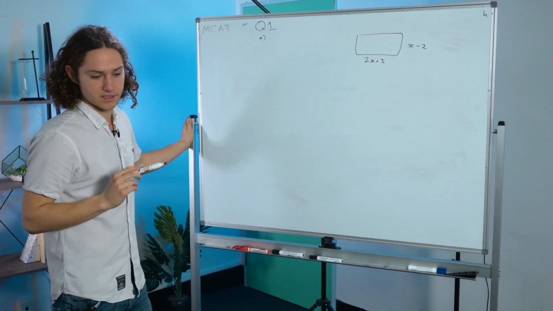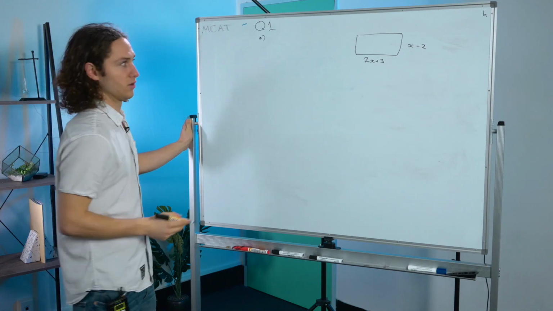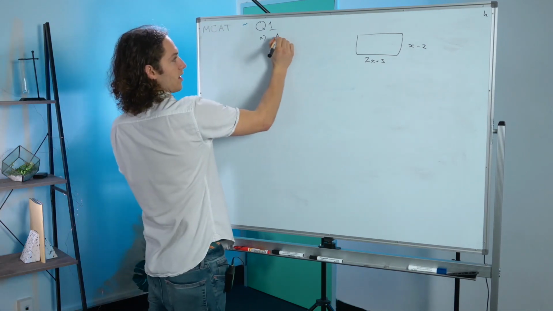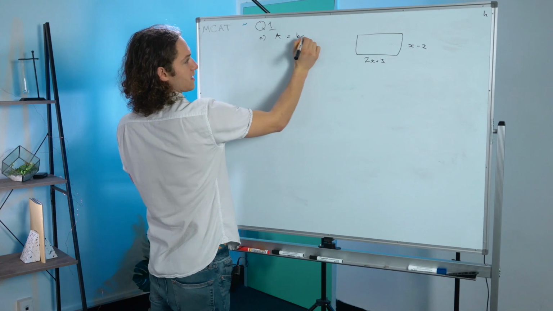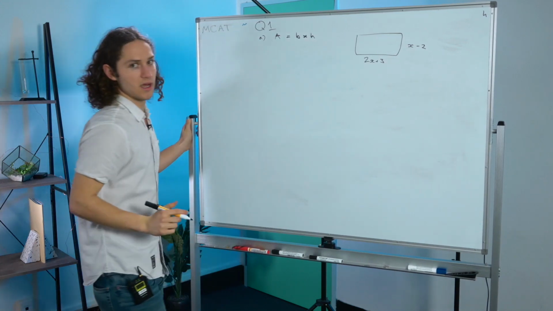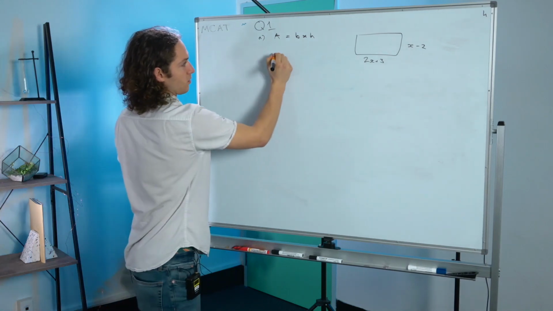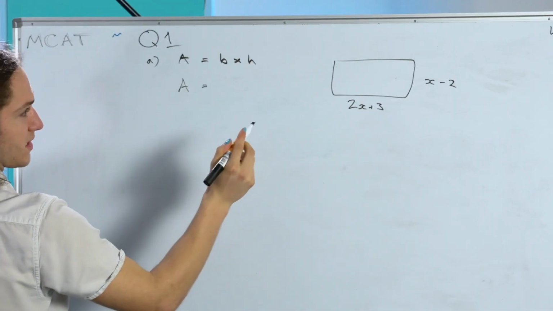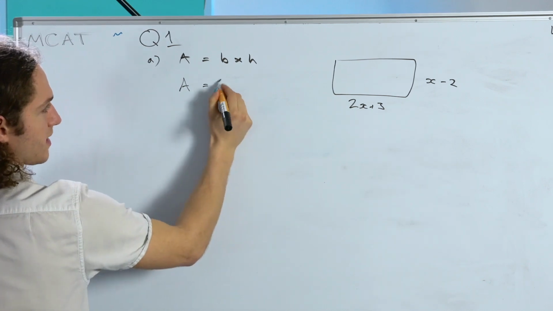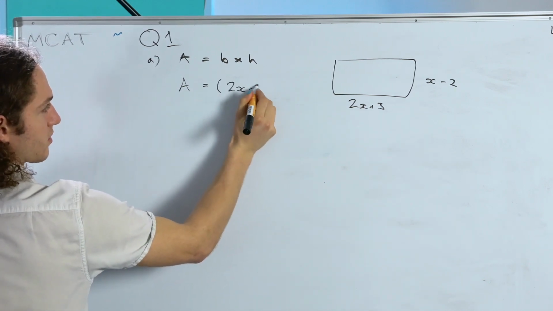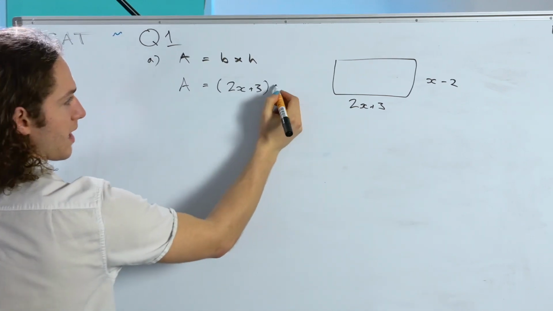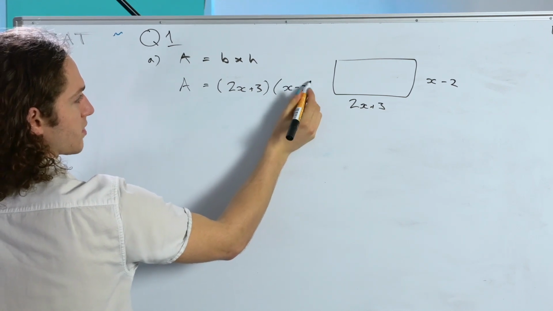And it's asking us for an expression for the area of a rectangle. Well, we know that the area of a rectangle equals base times height, or the long side times the short side. So we're just going to take the long side, the base, 2x plus 3, and multiply it by x minus 2.